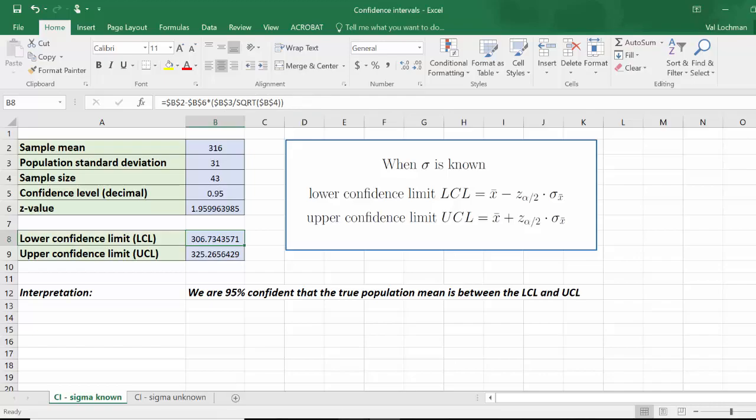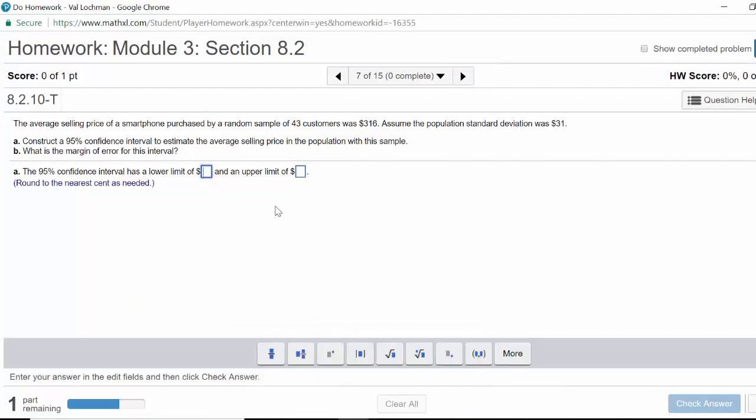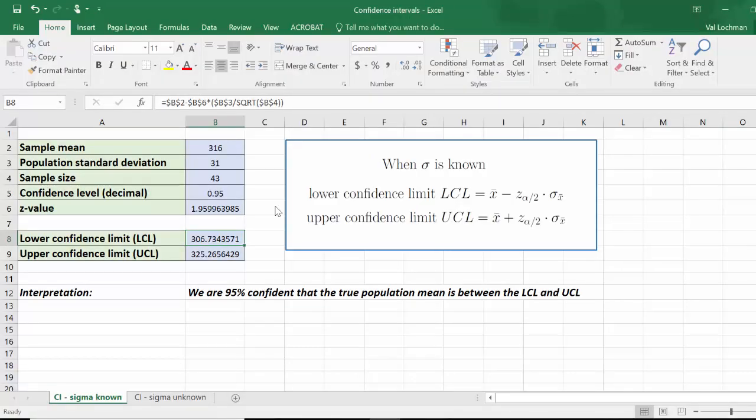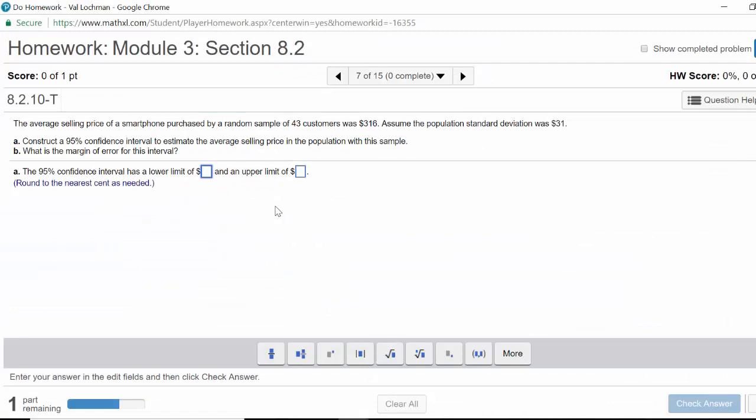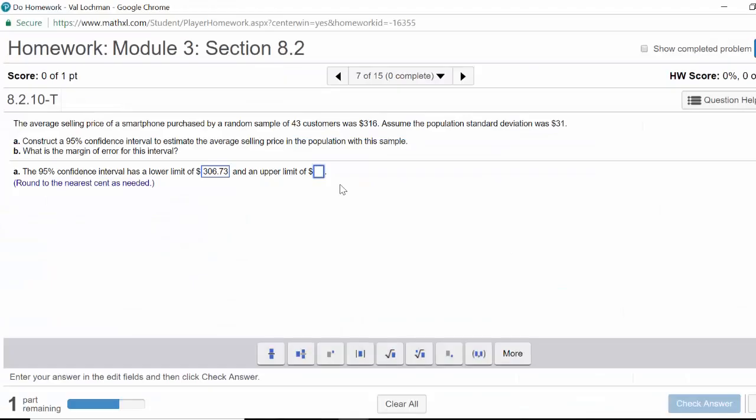Okay, so let's see if that's correct. We're going to go back here and say the lower limit was 306.73. And then the upper limit is what? 325.27.